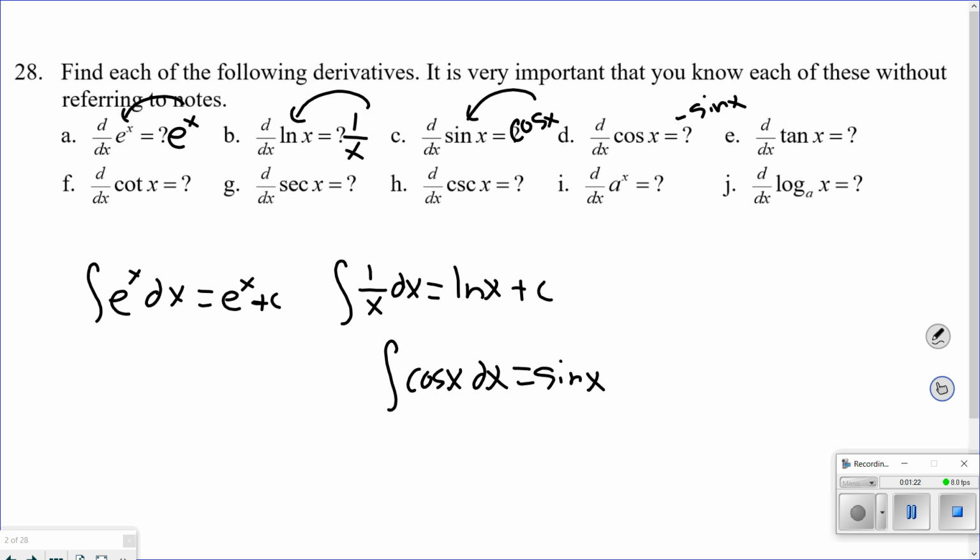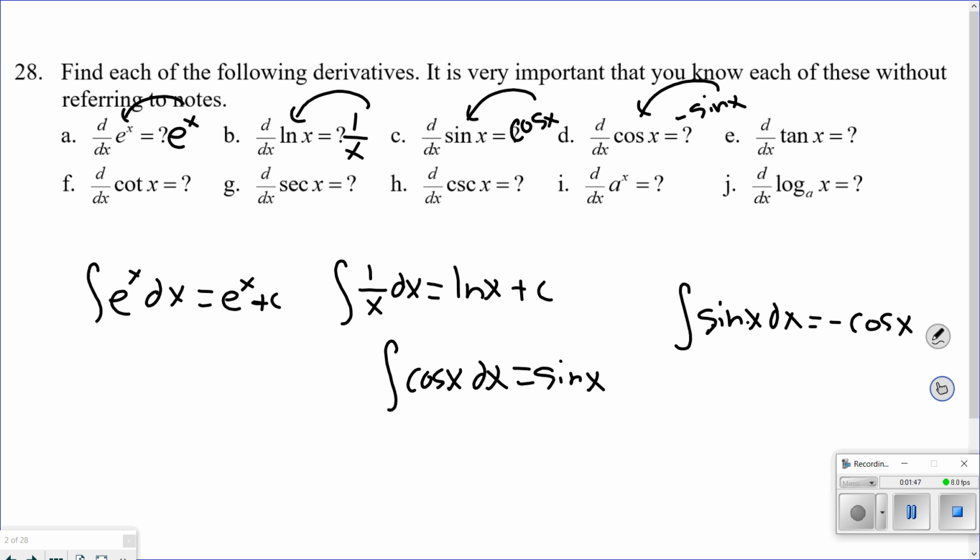What that means is if I want to integrate the sine of x, I've got to work backwards. When I take the derivative of cosine, I get negative sine, so the sign changes. If I work backwards, the sign still has to change. So the integral of the sine of x is negative cosine of x.